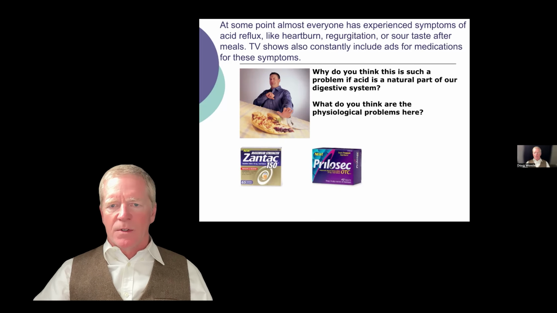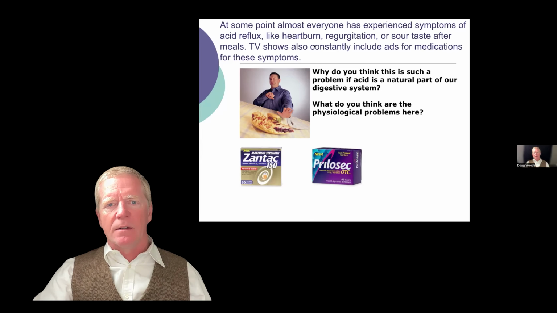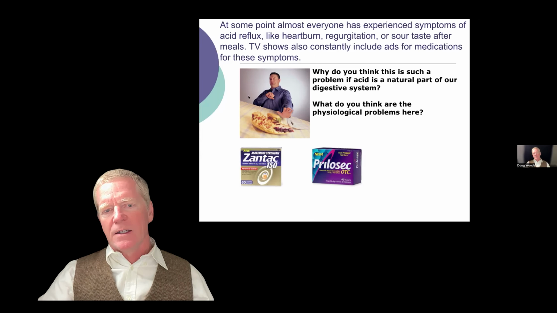One of the most common medications that you will see prescribed for acid reflux or heartburn are pharmaceuticals like this, Prilosec or Zantac. These act to reduce the secretion of acid in the stomach.